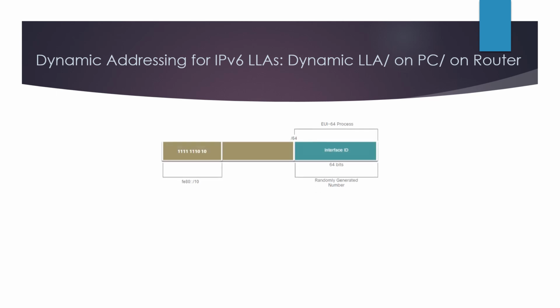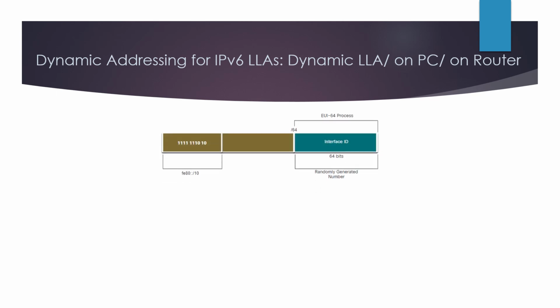In the figure, it is shown that the link local address is dynamically created using the FE80::/10 prefix, and the interface ID is created by using the extended unique identifier 64 process or a randomly generated number.